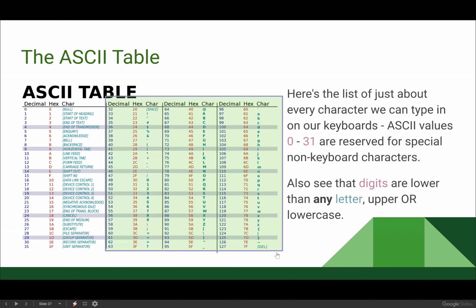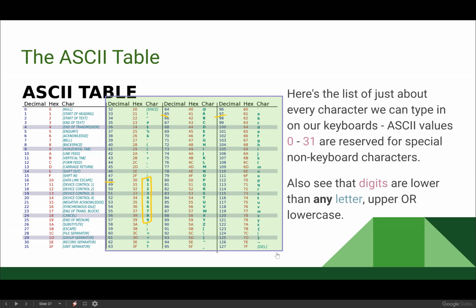If we look at the next column as well, we see all of our digits. So if a string includes a digit at the beginning and you're comparing it to a string that doesn't have a digit in it, digits have smaller values than any letter, upper or lowercase.